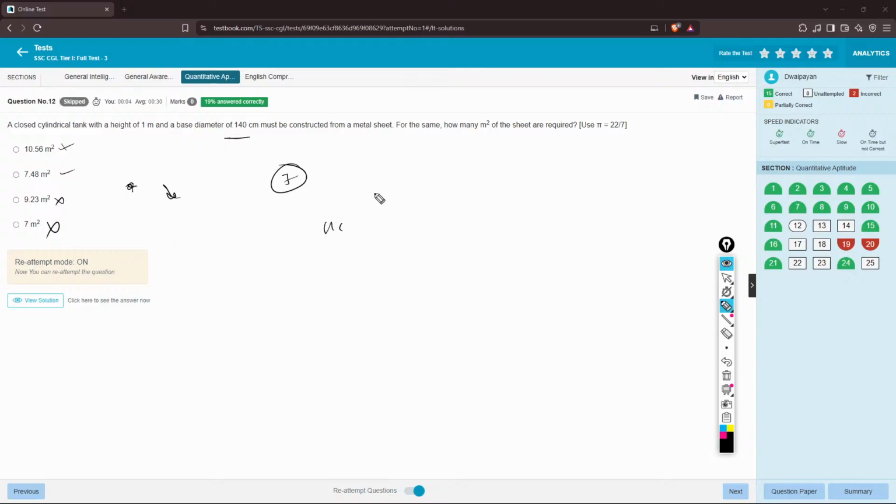Without doing the calculation, within these two, even if I were doing the calculations, then cylinder, right? So total surface area.